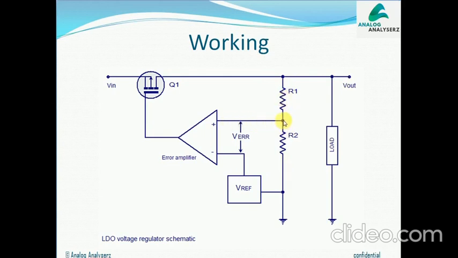It will drop some voltage, and the voltage at this point is 0.7, just for example. So if Vreference generates a voltage of 0.7 volt, and here also the voltage is 0.7 volt, the error in the voltage will be 0 volt. The output will be 0, and this PMOS will turn on and keep working.